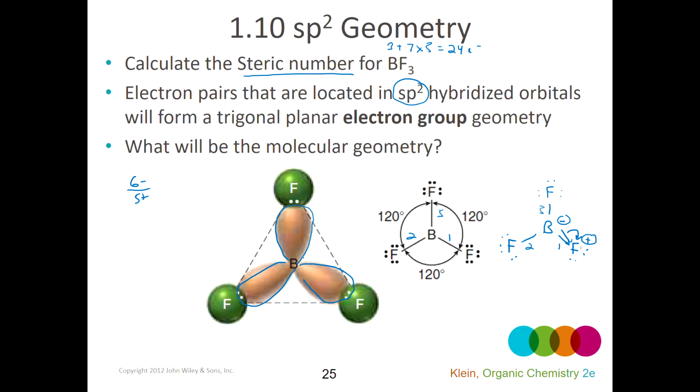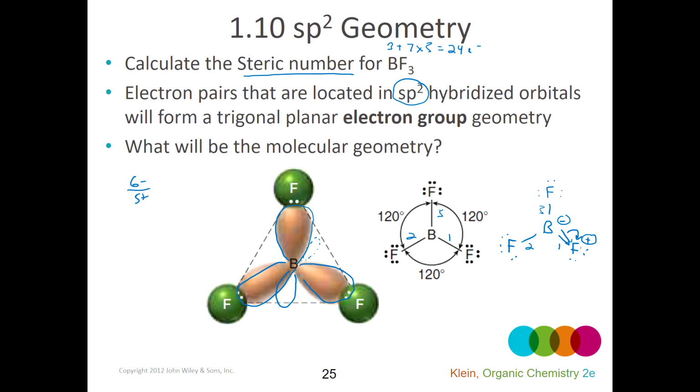So the remaining p orbital will be behind here and coming out at you if the boron's sp2 orbitals are in the plane of the screen. This will be pointing straight back and straight out at you. But that's empty. There's no electrons in there.